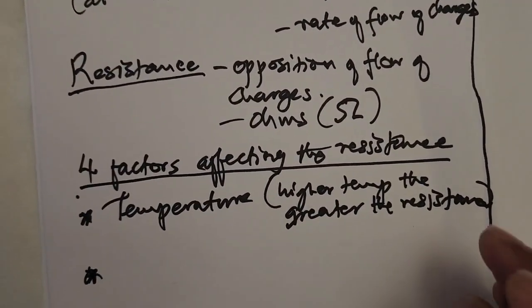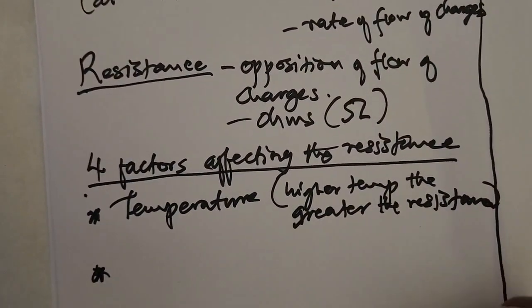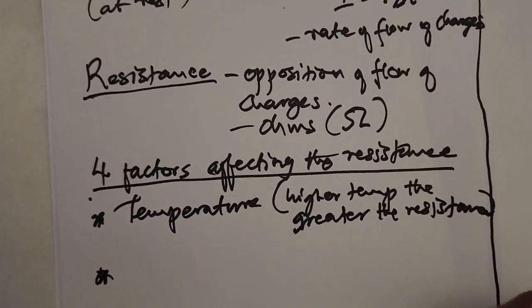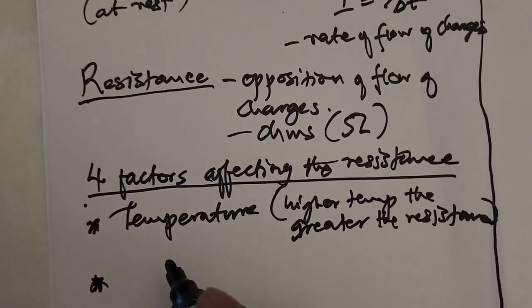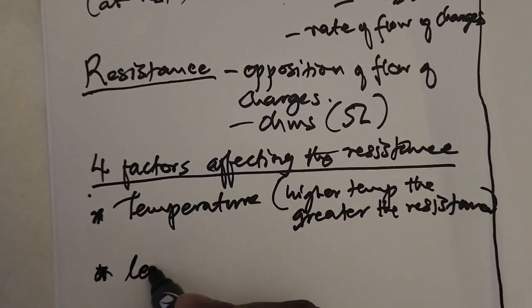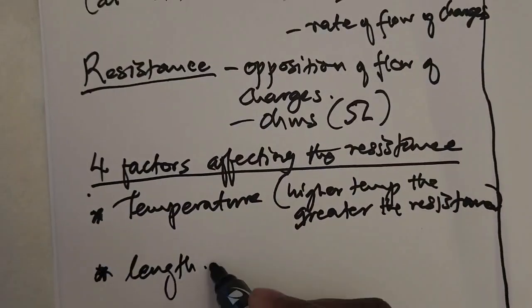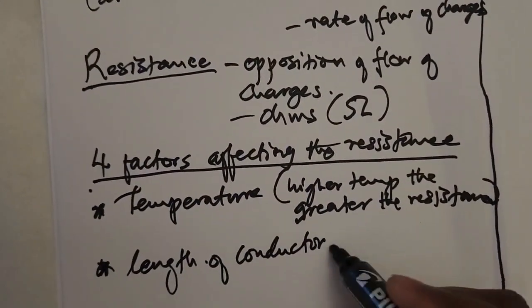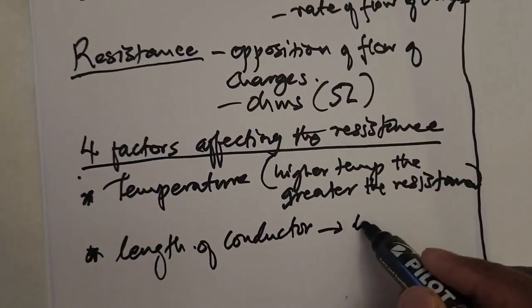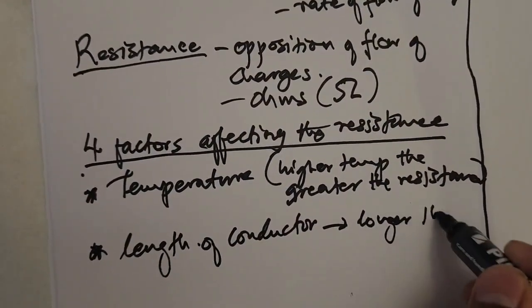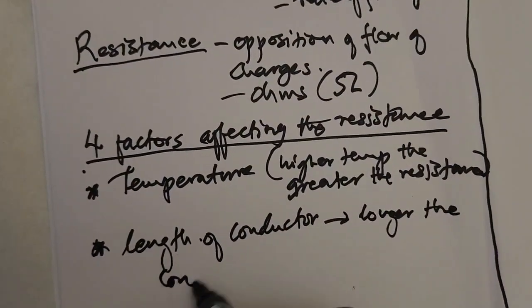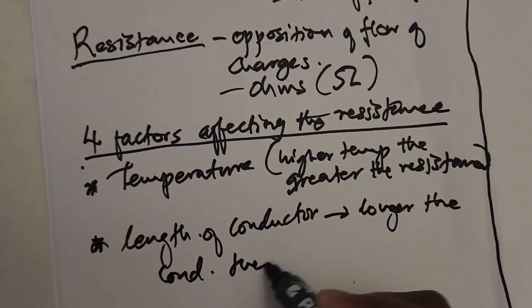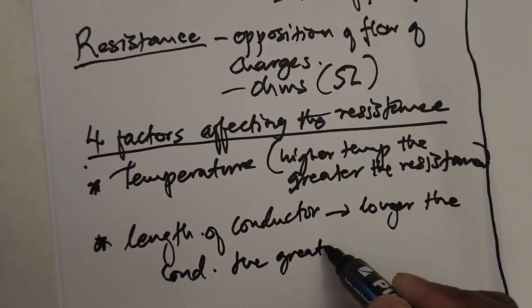That's why you find in many machines, to prevent that from happening, they use a fan to cool down the wires. Another very important factor is the length of the conductor. We normally say the longer the conductor, the greater the resistance.